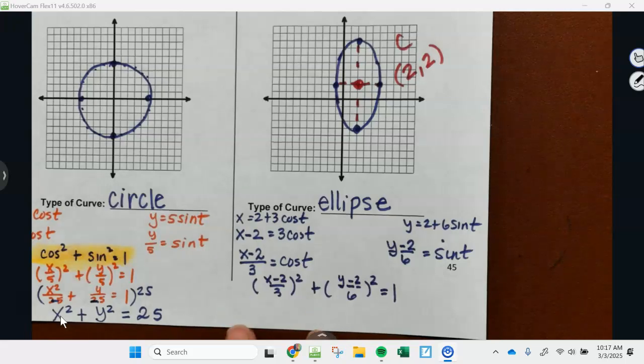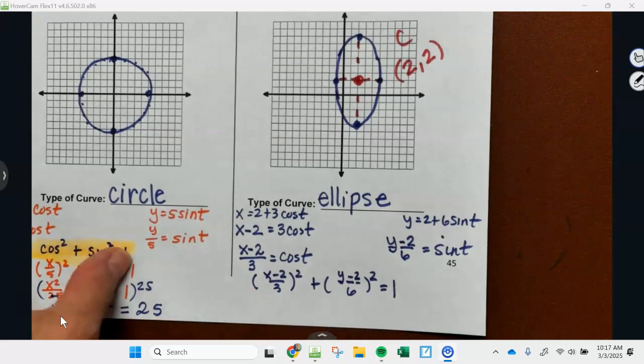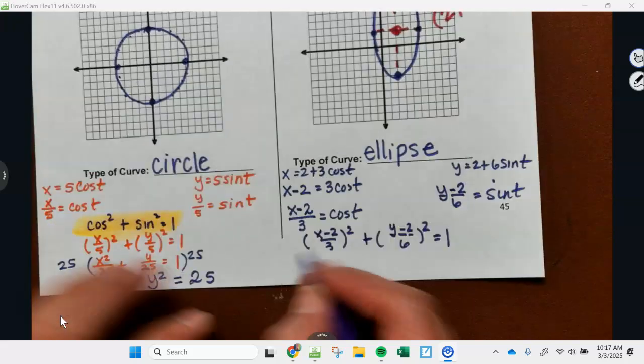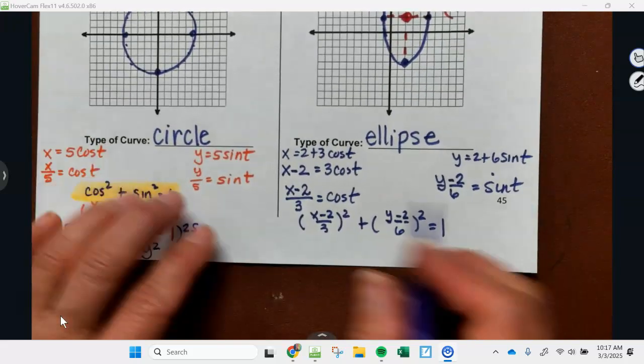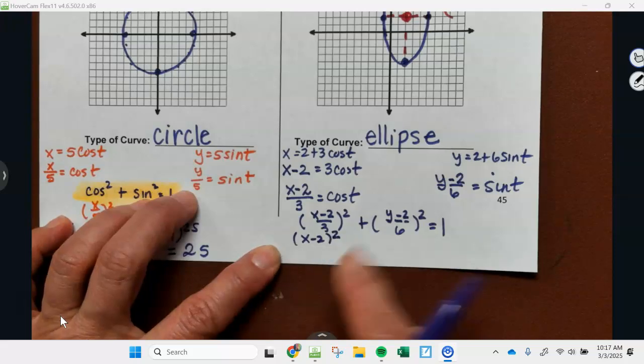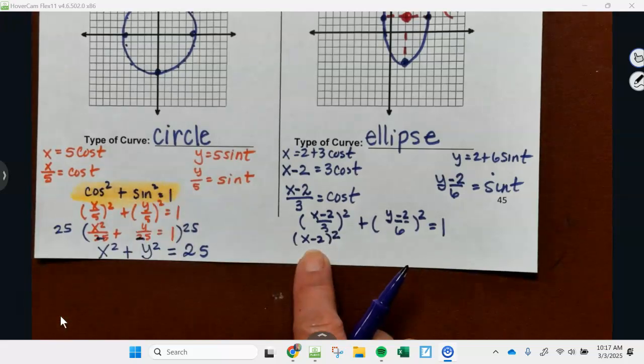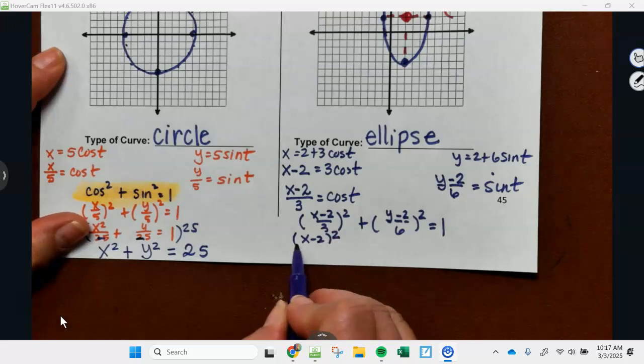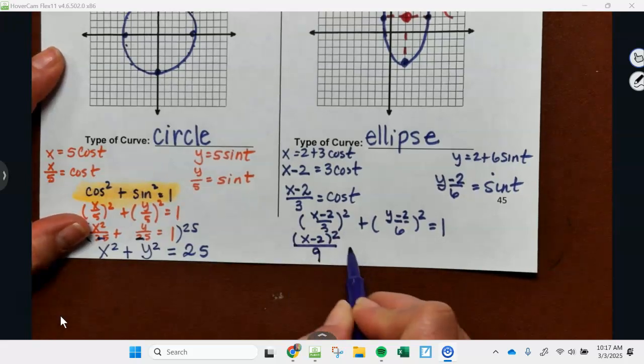And just a reminder, you square the top and the bottom separately. So the top is going to be x minus 2 squared. We are not foiling that out, so just leave it like that. 3 times 3 is 9.